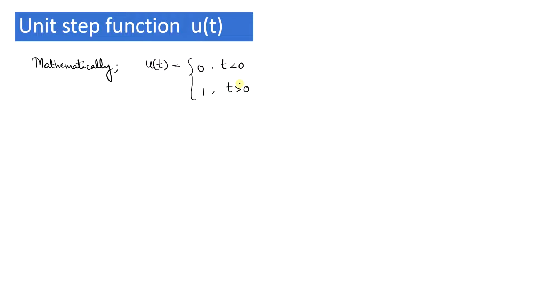If I have to represent this in the form of the waveform, the unit step function can be represented as u of t along the y-axis, t along the x-axis, and you have u of t equal to 1 for t greater than 0 and 0 at this particular point.